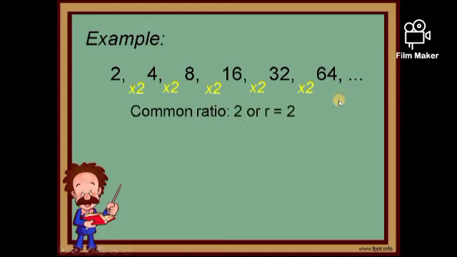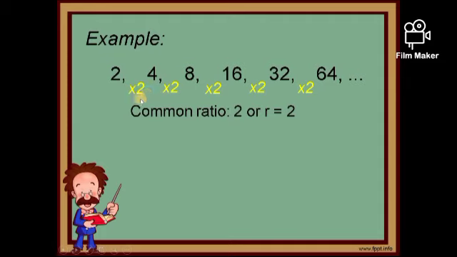Therefore, we can say that the common ratio of this geometric sequence is 2. Now, since the sequence has a common ratio, we call this sequence a geometric sequence.